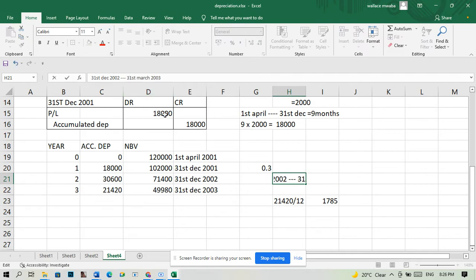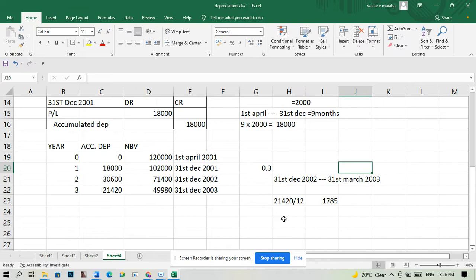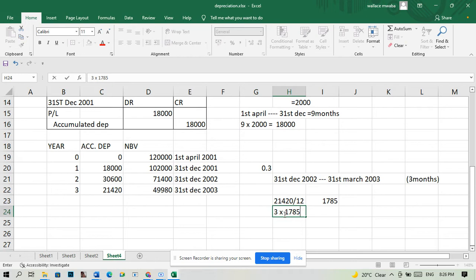All right, so we'll calculate the depreciation for those 3 months. 3 times 1,785, we get 5,355.